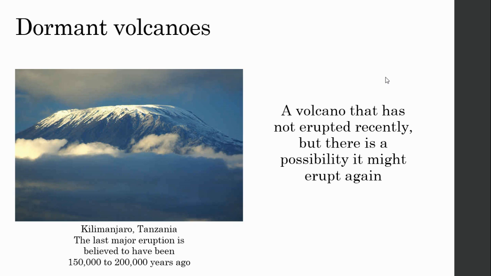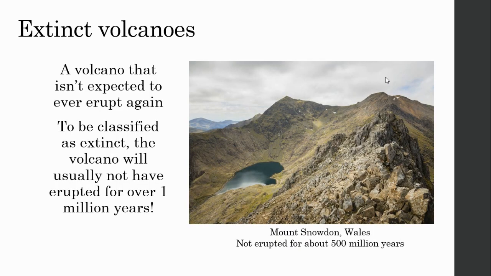But it's still not considered extinct because in terms of the timeline of world history, it hasn't been not erupting for long enough to be classed as extinct yet. So let's have a look at extinct to compare. Extinct volcanoes, show me your action. Very good. An extinct volcano is never expected to erupt again.